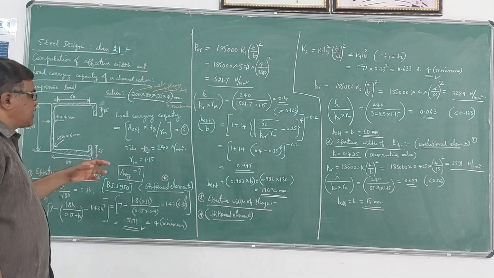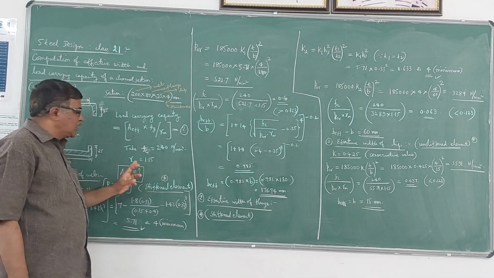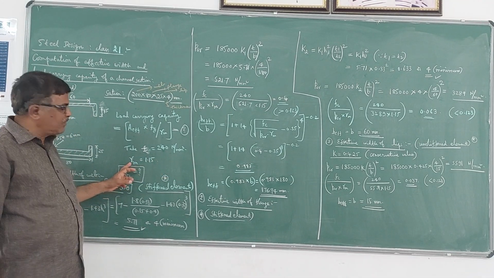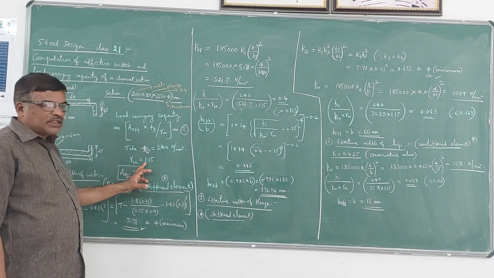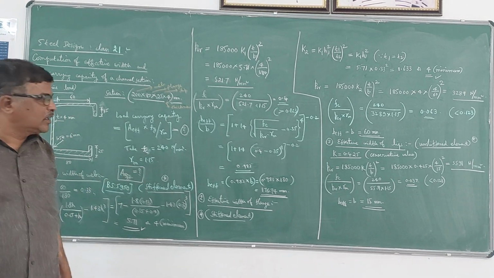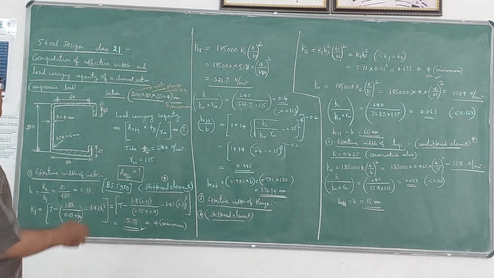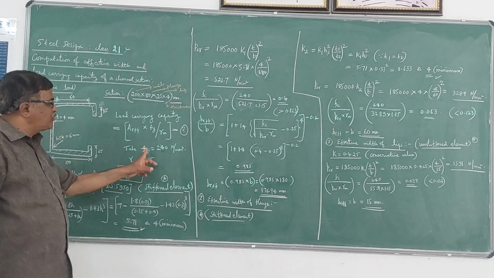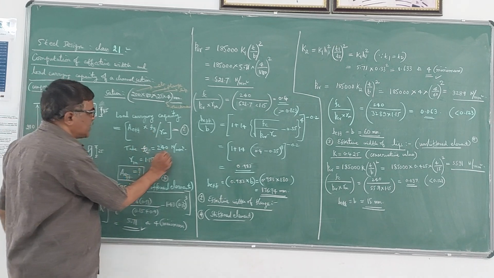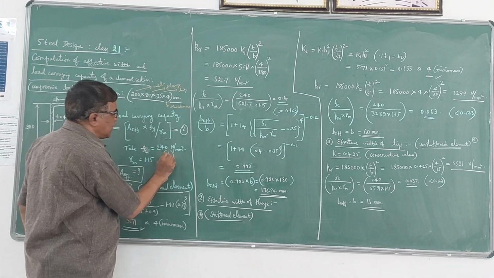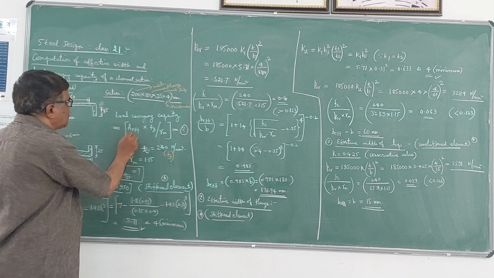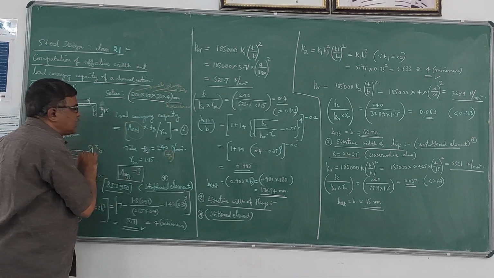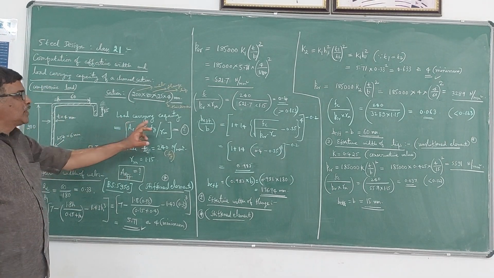In this example, it is given as 240 Newton per mm square, and gamma m, the partial safety factor for the material, is taken as 1.15. So using this formula, you can find out the load carrying capacity. Here Fc is nothing but Fy, so 240, and gamma m is 1.15. So if you find out this effective area, you can get the value of the load carrying capacity in kilonewtons.